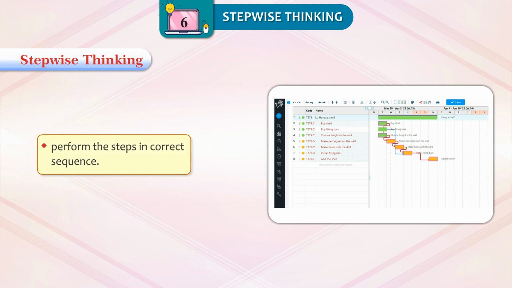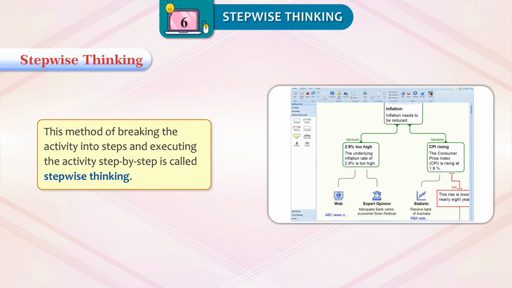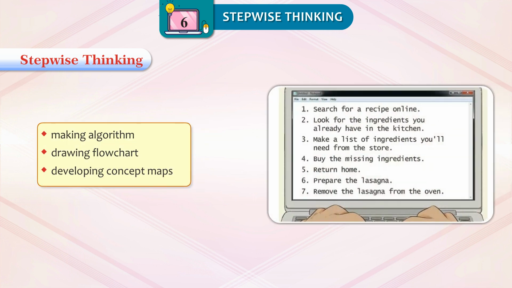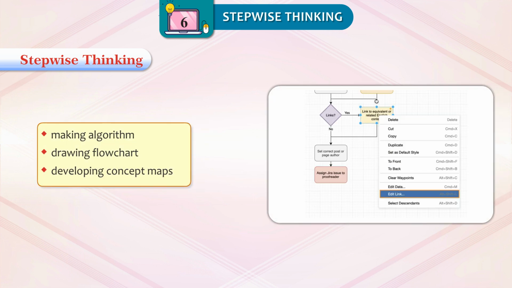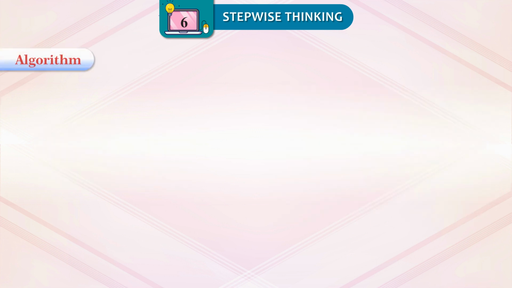Perform the steps in correct sequence. This method of breaking the activity into steps and executing the activity step by step is called stepwise thinking. The main tools used for stepwise thinking are making algorithm, drawing flowchart, developing concept maps.